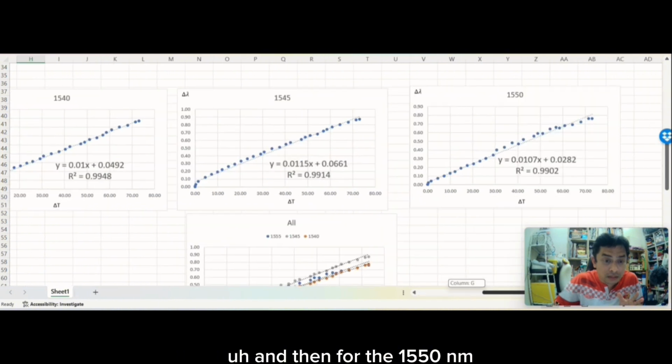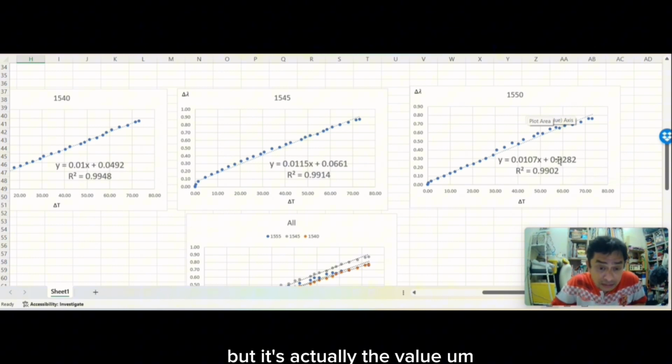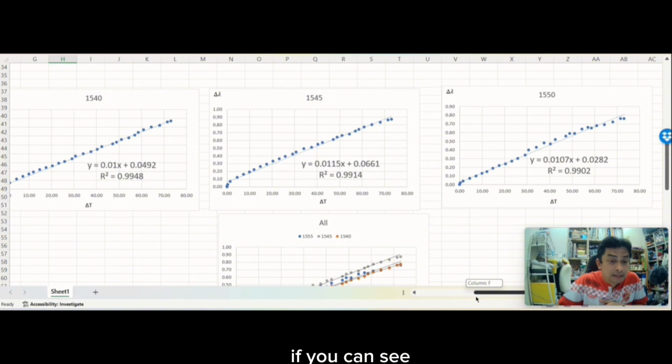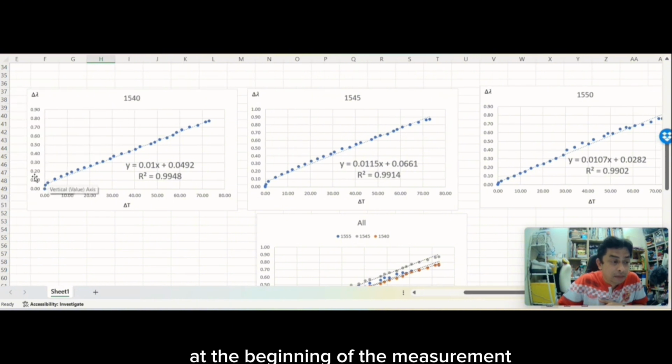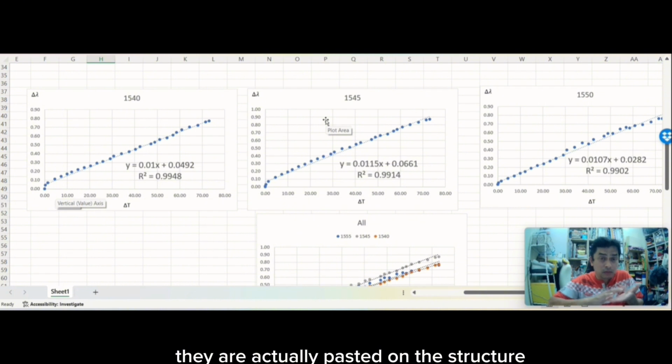For the 1550, the one that hangs, we also have a value, but the value is very, very small. At the beginning of the measurement, there is a delay in the temperature rise here, the same with this one. Remember that FBG1 and FBG2 are pasted on the structure.